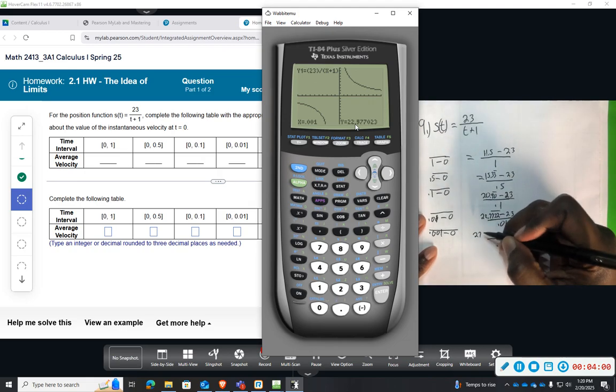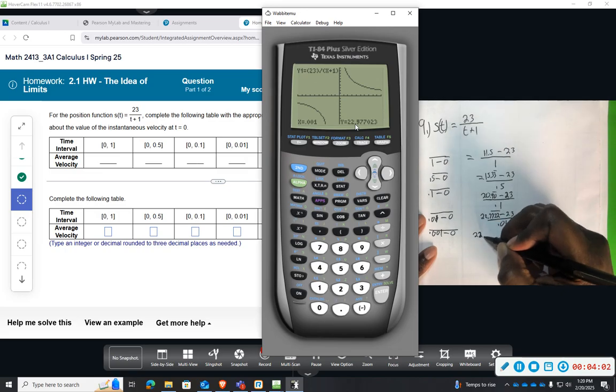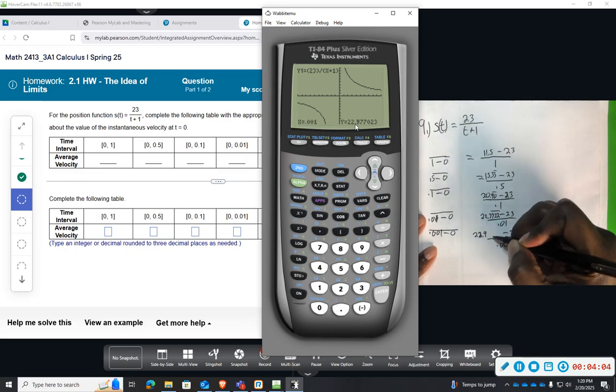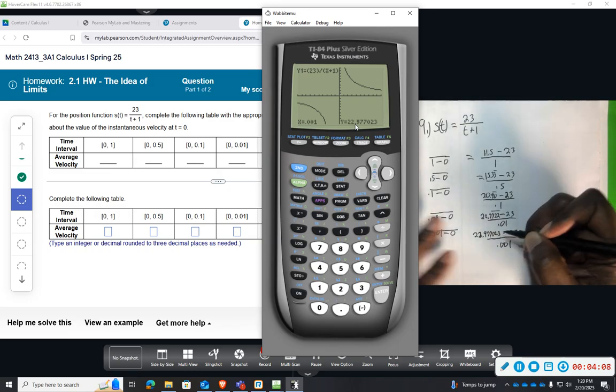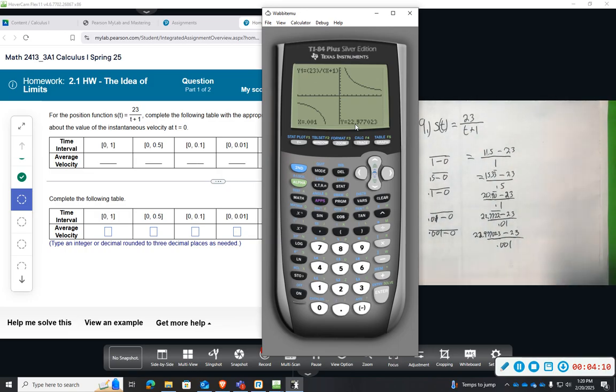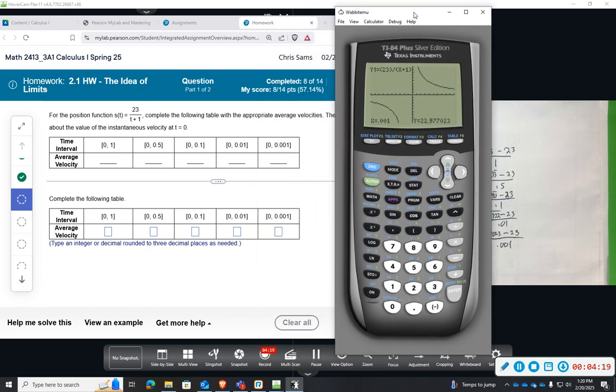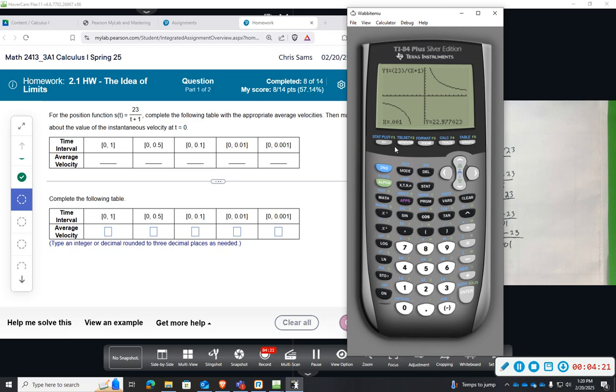Sorry, 22, not 27, 22.977023. Okay, so now that we have these, we're going to subtract and then divide, and then we'll get our function values, and we can approximate the instantaneous rate of change.